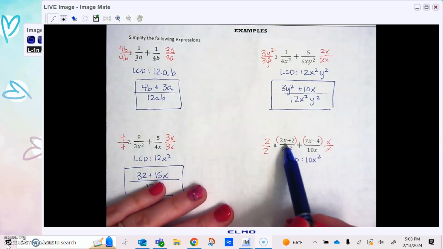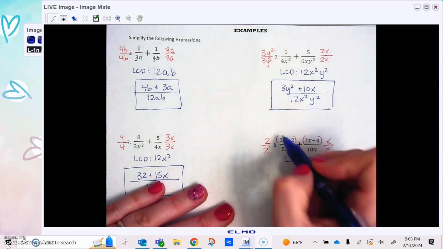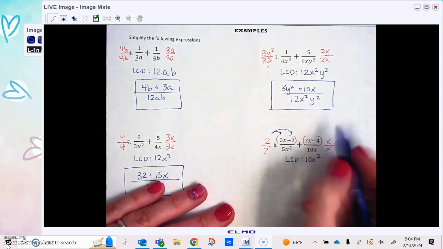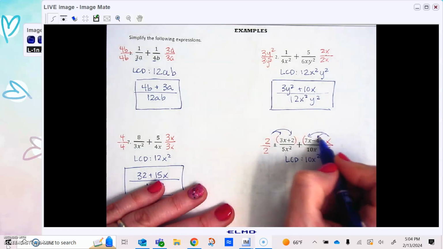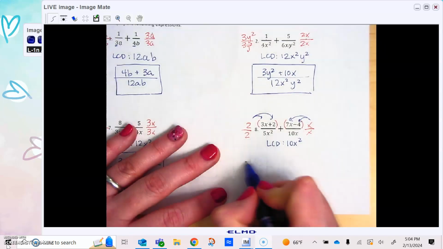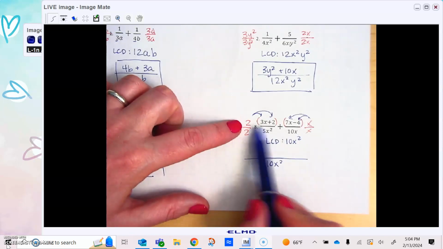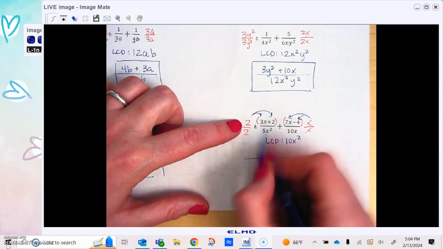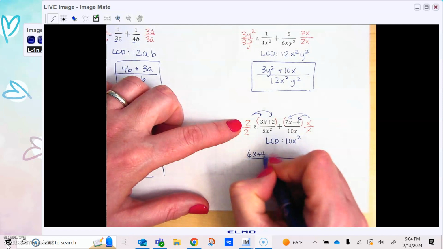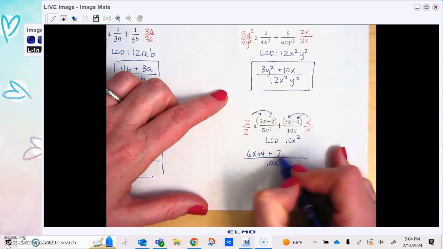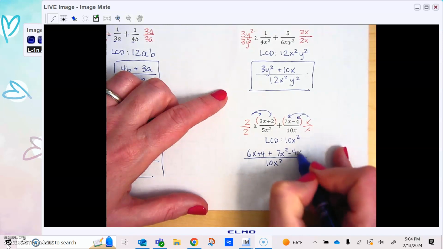Now, there's 2 terms in each numerator, so multiplying by 2 in the numerator means distributing, and in the second one is a distributive. So I'm going to combine it into one big fraction with the common denominator, and then my distributive property here gives me 6x plus 4, and then plus in the middle, and then 7x squared minus 4x.